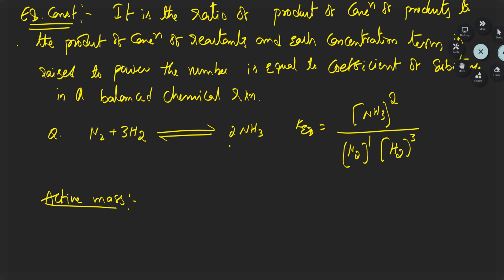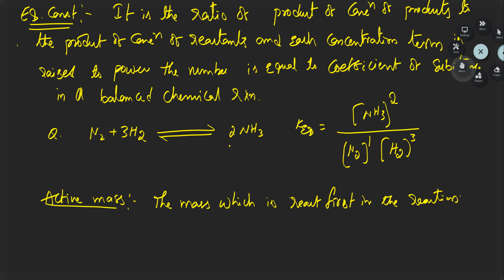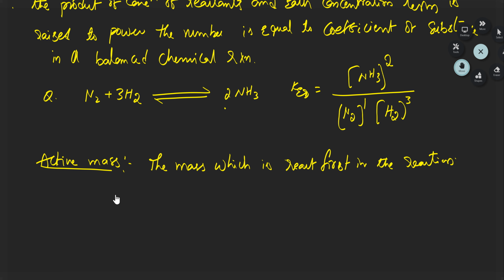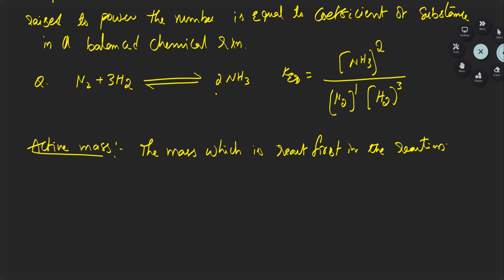So that is the equilibrium constant of the ammonia reaction. Now active mass. What is the meaning of active mass? The mass which reacts first in the reaction is called active mass. Active mass we can derive in two types, one in terms of pressure and one in terms of concentration.